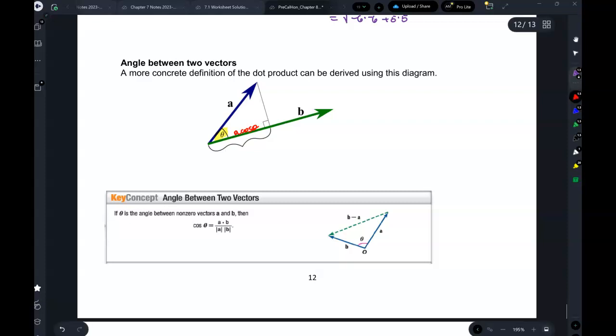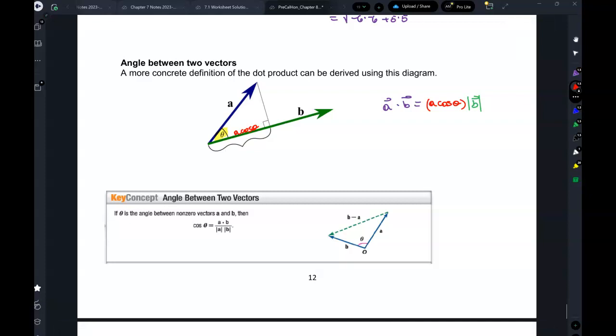So if I wanted to find A dot B, we just said A dot B is the length of that projection, which is A cosine theta, times the magnitude of B, right? How did we define dot product?